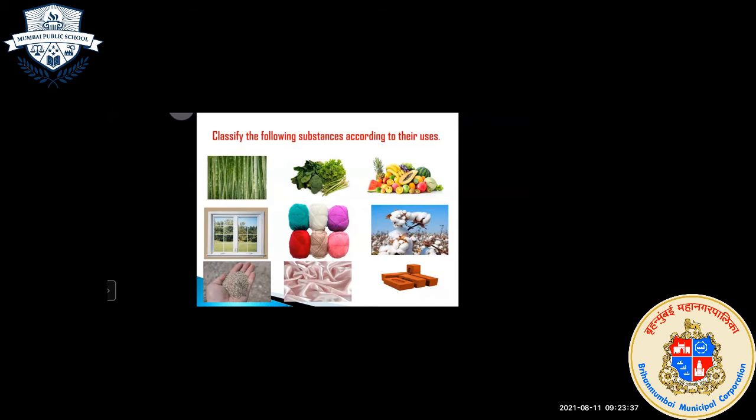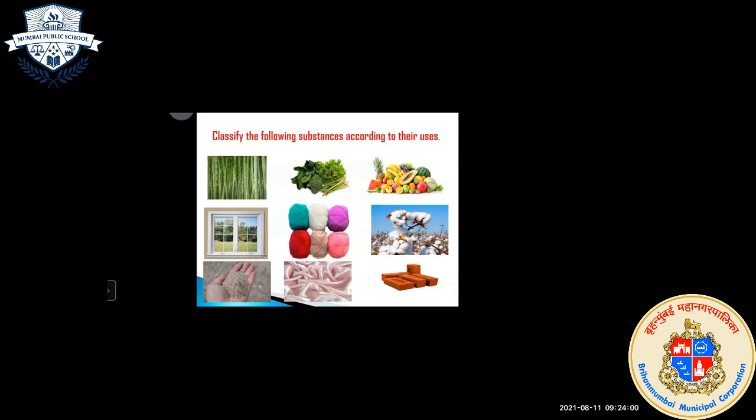Now dear, you are the brilliant child I have ever seen because you have told me the use of glass, and of wool and cotton, very nicely. Yes, very good. You have told me the different uses, but I have shown these pictures to see how they are used. Now we are classifying them.